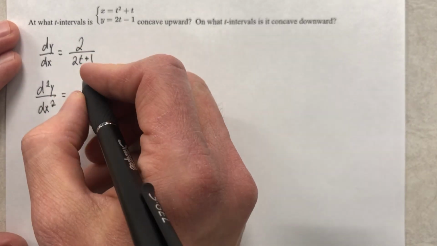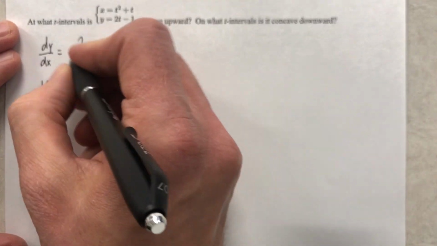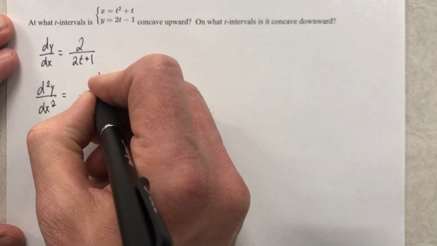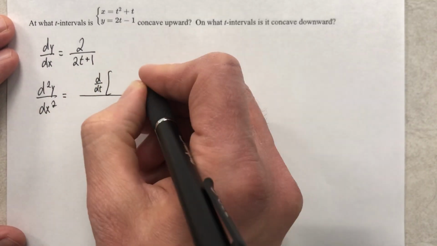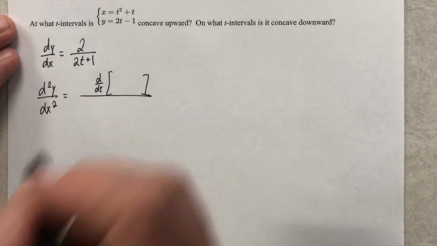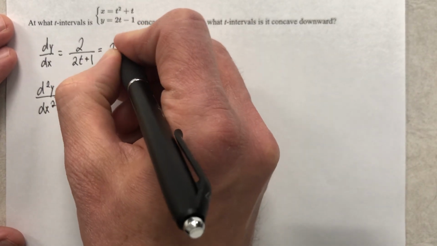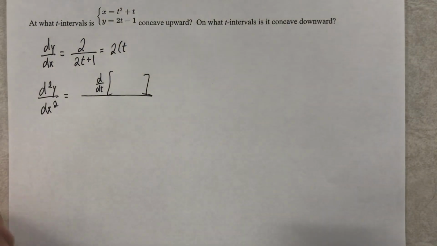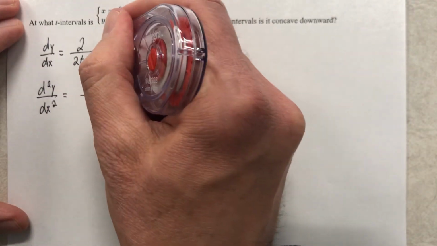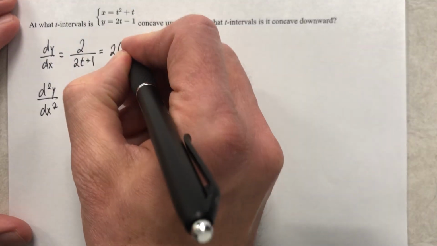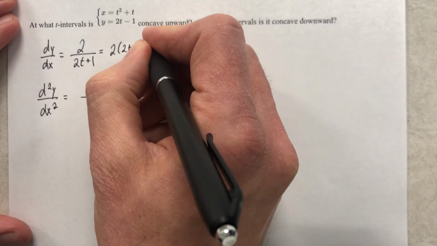So here we go. We are going to take the derivative of that with respect to time. Now, if you're looking ahead, you're thinking, man, that's quotient rule. And I hear you. You're right. I'm going to treat it like a chain rule instead, though. So I'll rewrite it as 2t plus 1 to the negative 1.